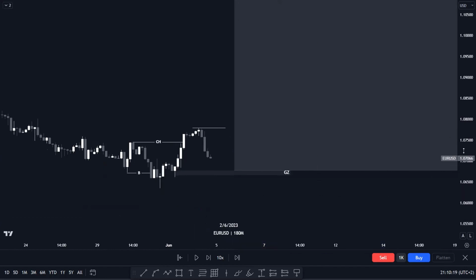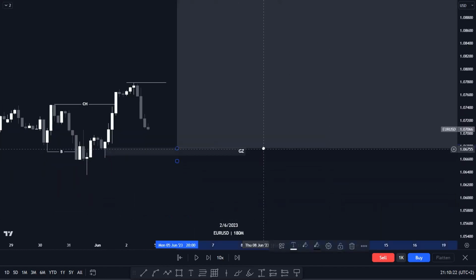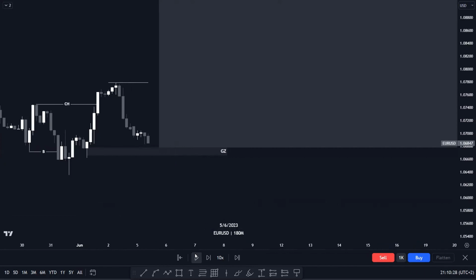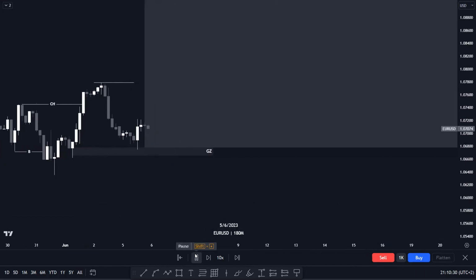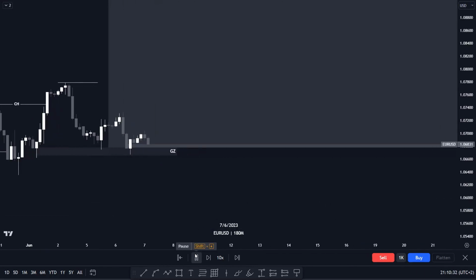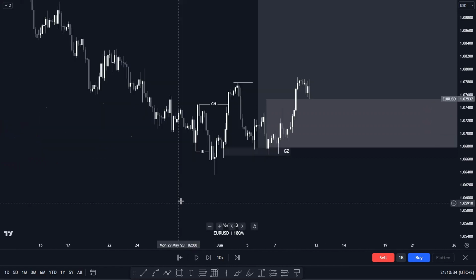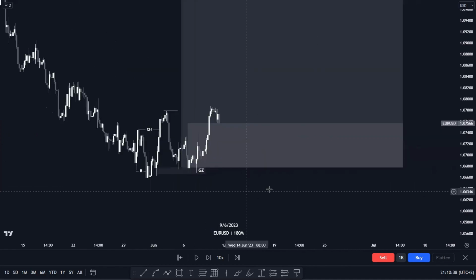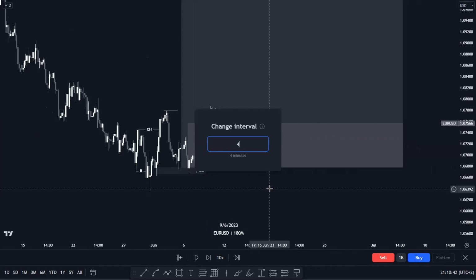As you can see, the price eventually taps us in and pushes to the upside, smashing our first take profit. And let's just go to our higher time frame.